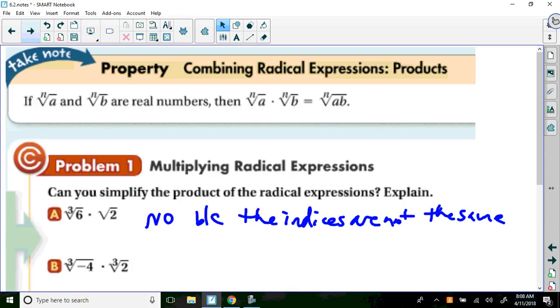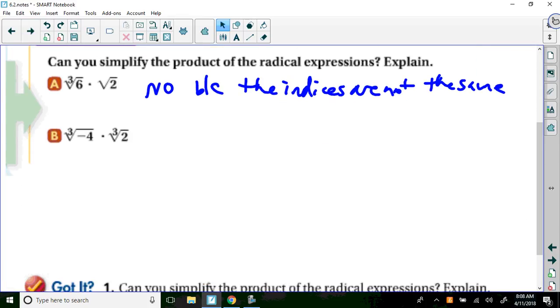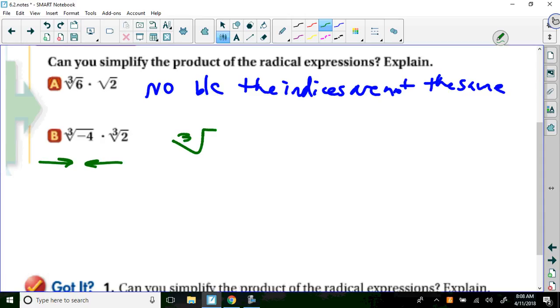Muy bien. All right. Let's look at part B then. Could we simplify that? We could, and we're going to have to do that finger thing three inches in front of your face. So if we do this thing, we're going to have the third root of -4 times 2, which is the third root of what? -8.